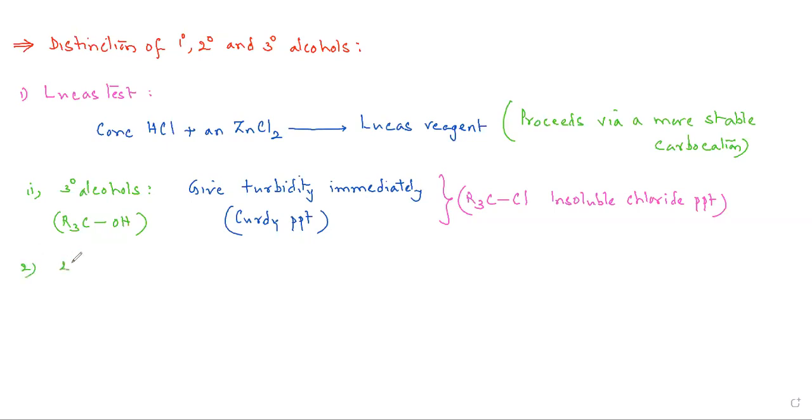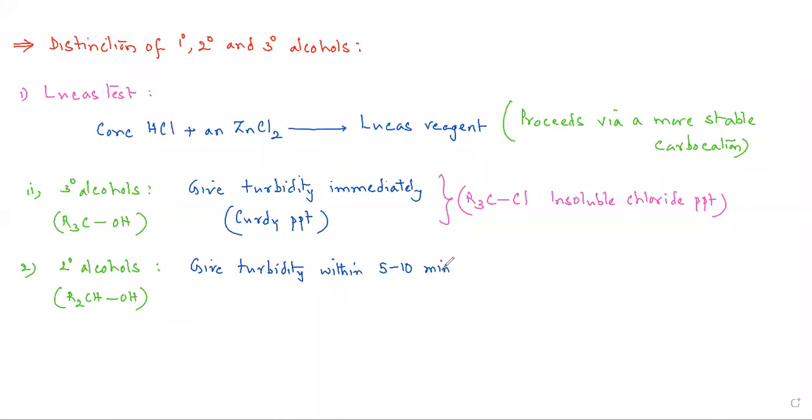Then coming to 2 degree alcohol. So these give turbidity within 5 to 10 minutes.